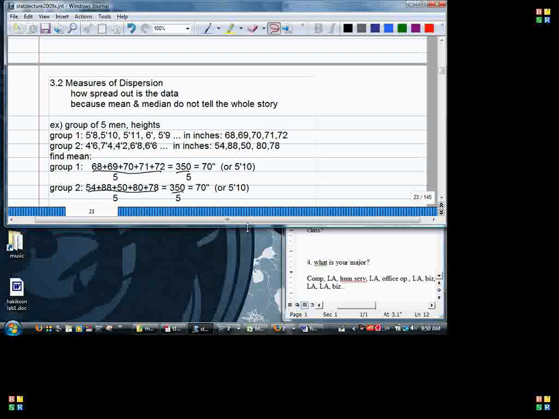In group 2, the heights are spread out completely. Group 2 has greater dispersion. So we need, now obviously average does not measure that. So we need something that measures that. So what is a really, really simple way to say how spread out the data is in group 2?